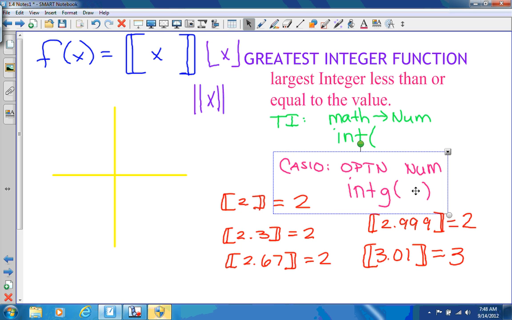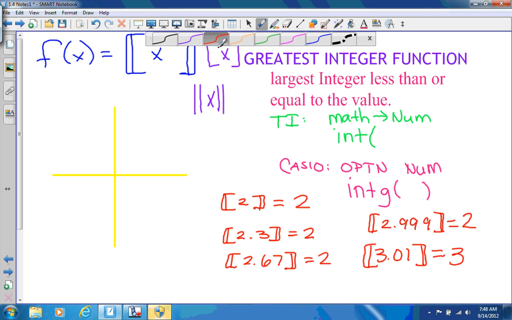Now, the look of the greatest integer function will be, if you put a 0 in, you'd get 0. And anything from 0 to 1, you're still going to get 0. Then when it gets to 1, it's going to jump up to here. And then from 1 to 1.999 forever, you're going to get 1.